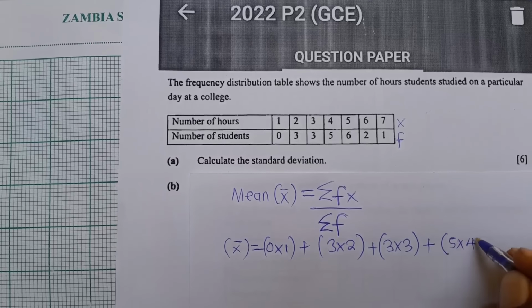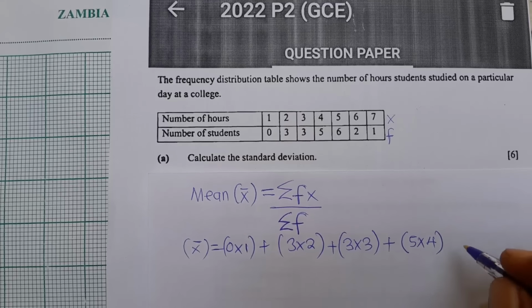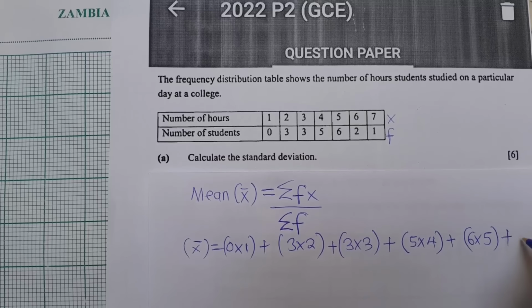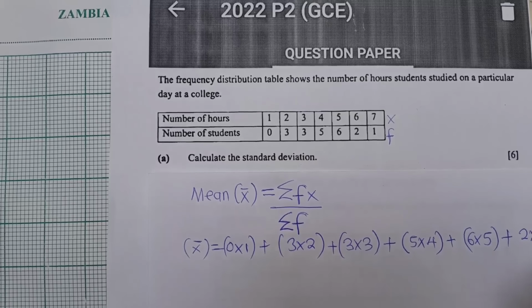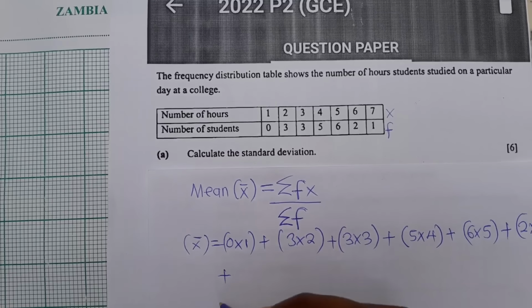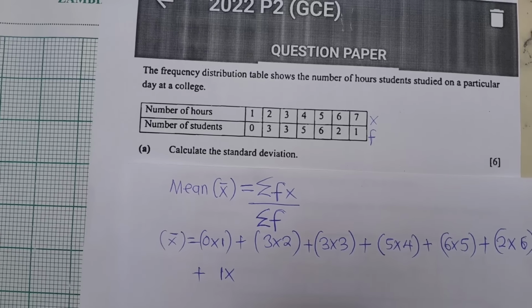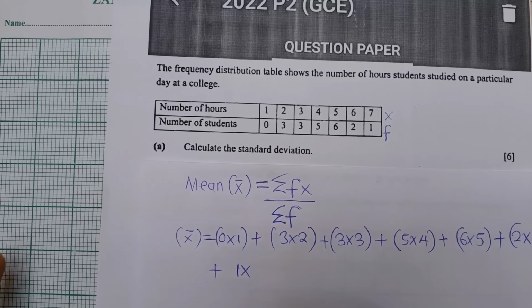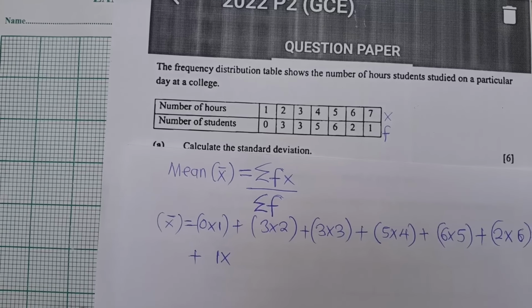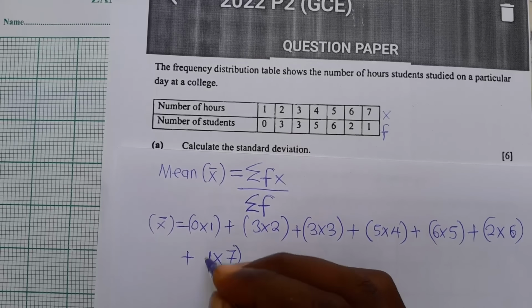You're just going simple work, plus 6 times 5 plus 2 times 6, plus the last one, 1 times 7.